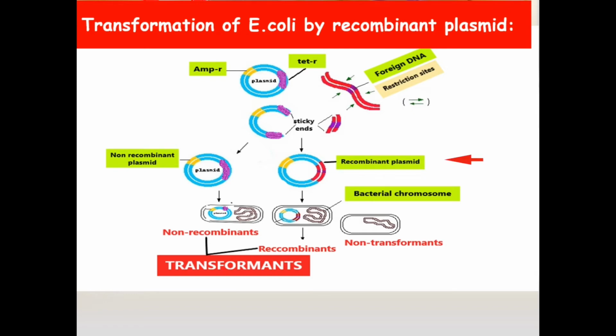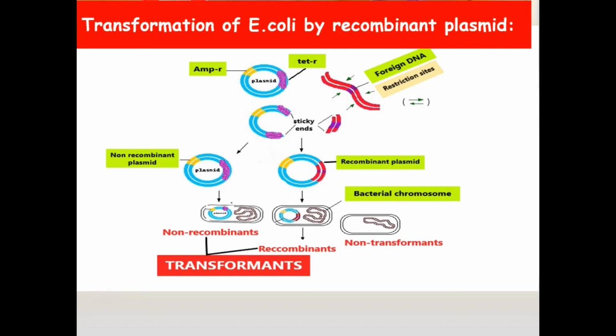The second probability is that instead of incorporating the foreign gene, the two sticky ends join again, which is done by ligase. These are the non-recombinant plasmids. So in the solution we have non-recombinant plasmids and recombinant plasmids.